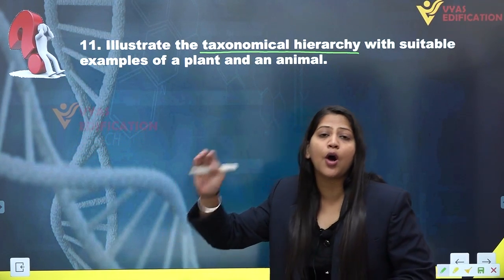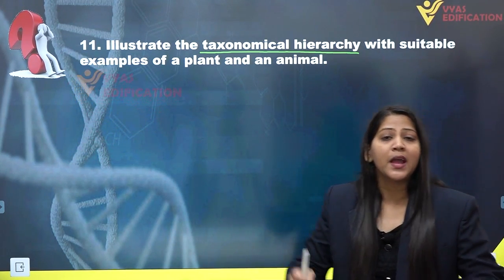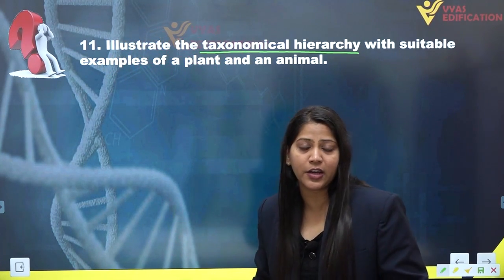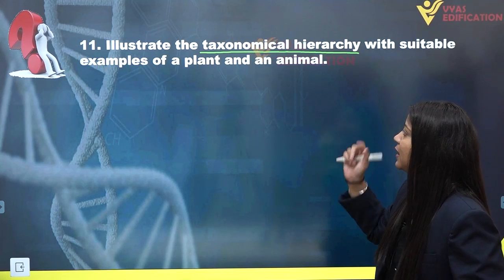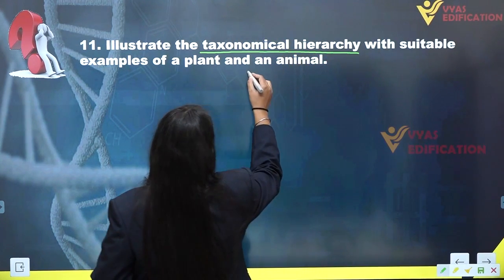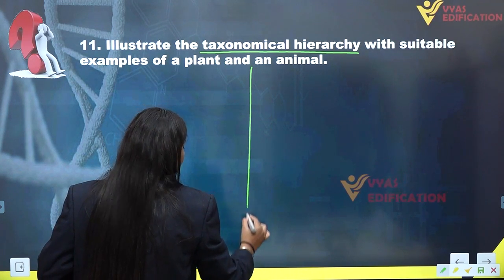The arrangement of various taxa in a hierarchical order, in the classification, is known as taxonomical hierarchy. Now we will see the examples of animal and plant.